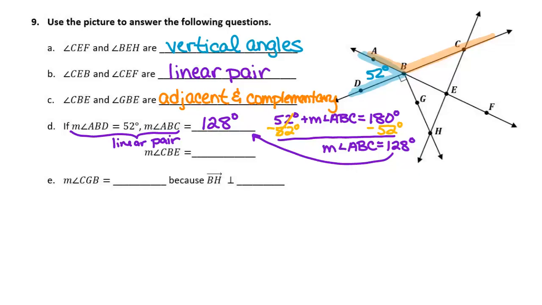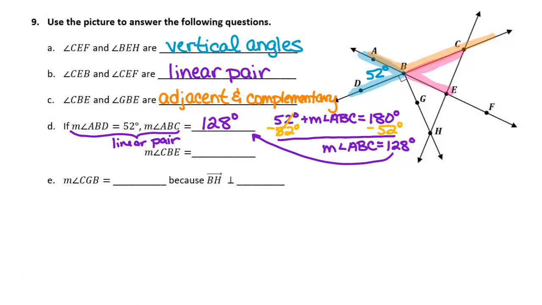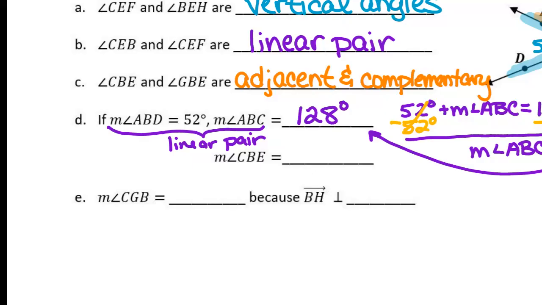What about angle CBE, this one that I just did in pink? What do you notice about the blue and the pink angles? They're a vertical pair, they're vertical angles.